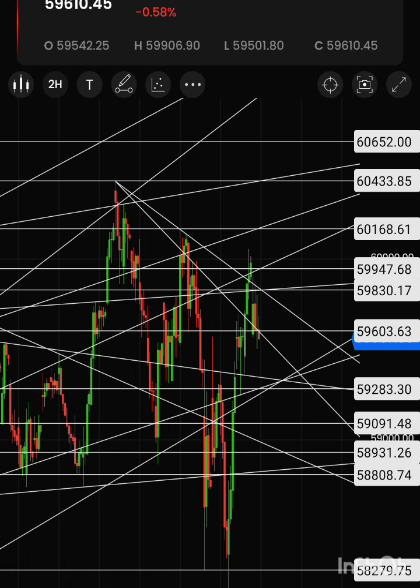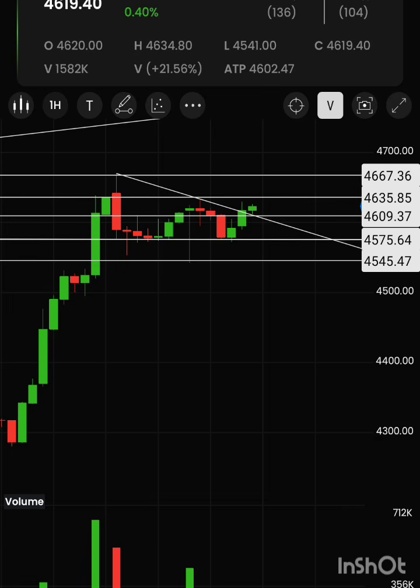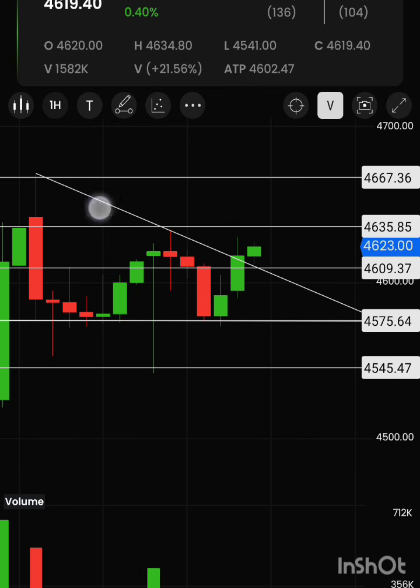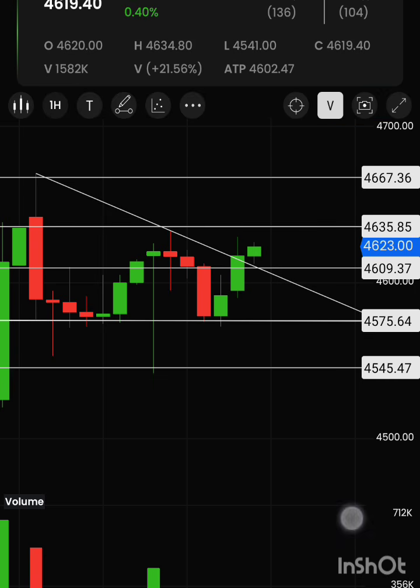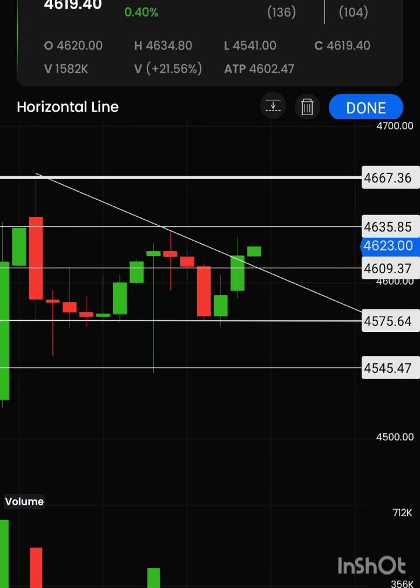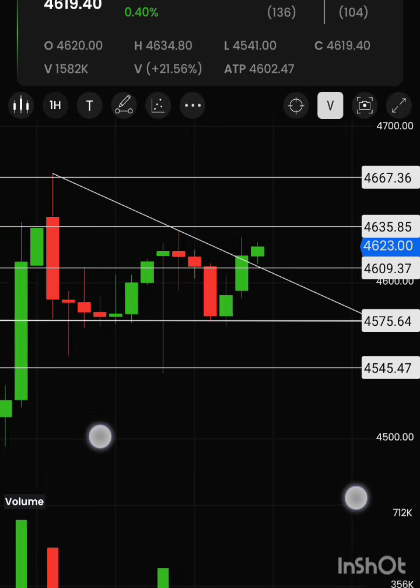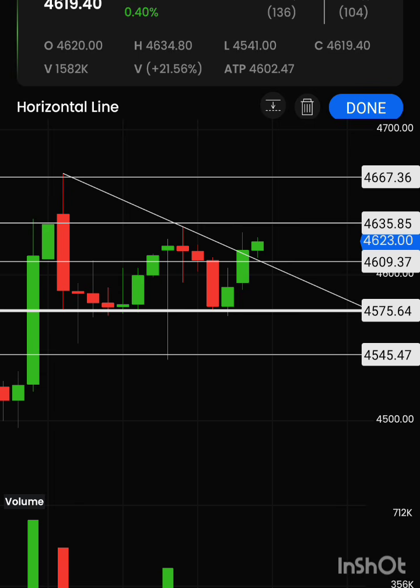Maybe in most cases tomorrow they can perform very well, so I can explain a quick view on that. The first one is HAL, and it's trading slightly positive, above 4610, and the resistance is in the 4636 range. Once we cross this 4630, it can lead to 4665 to 70, and the lower support is here at 4575.